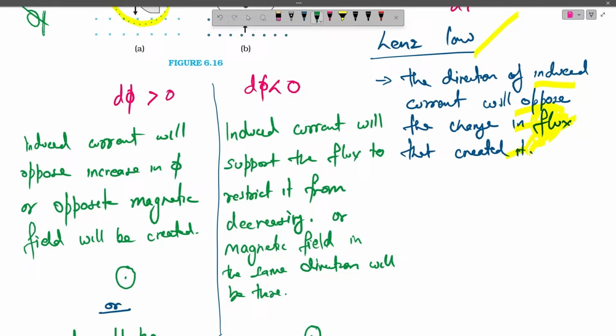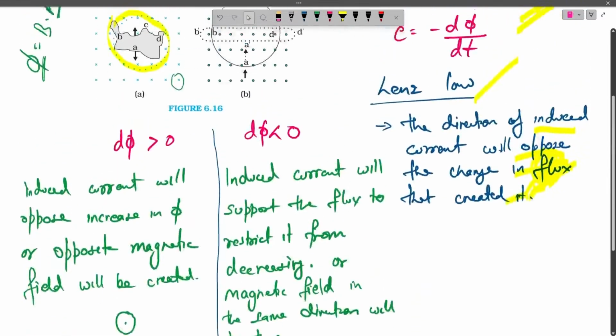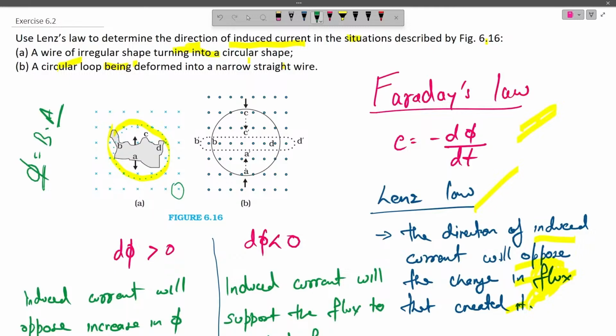Initially the magnetic field was going into the plane, so a magnetic field out of the plane will be created, and thus in order to create a magnetic field coming out of the plane, the current has to flow in the anti-clockwise direction, that is A, D, C and B. By the right-hand thumb rule, if the current flows anti-clockwise, the magnetic field will be coming outward, and that's how the current will be induced.